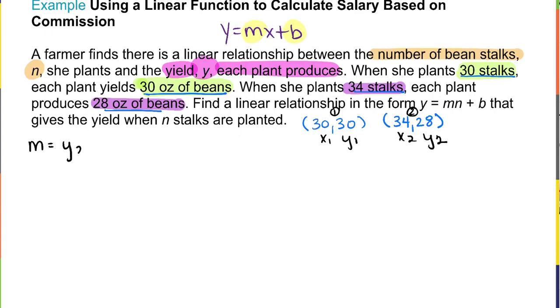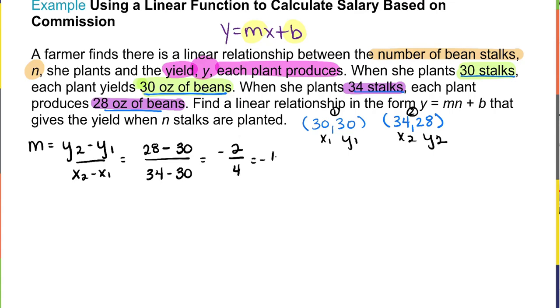And just to remind you, the formula is y2 minus y1 over x2 minus x1. And y2 is 28 minus y1 is 30. X2 is 34 minus x1 is 30. So we get negative 2 over 4, which is negative 1/2.